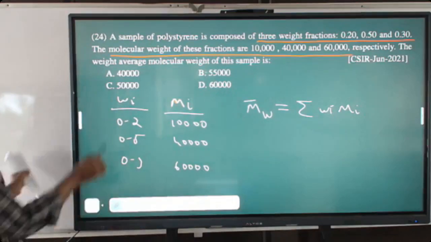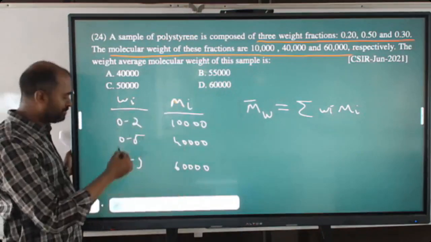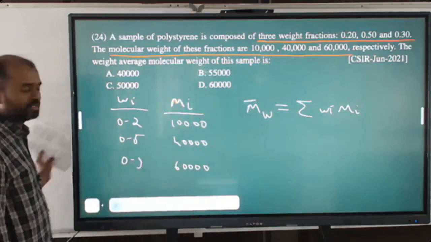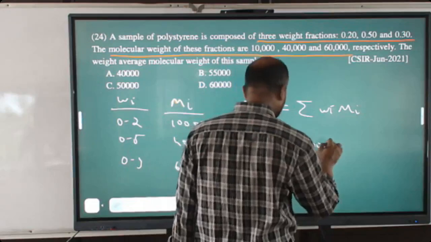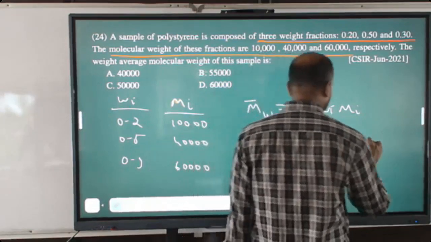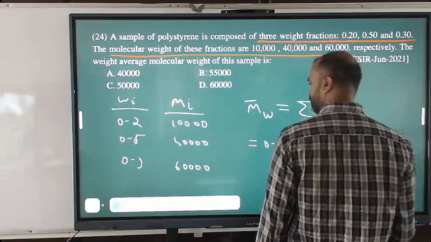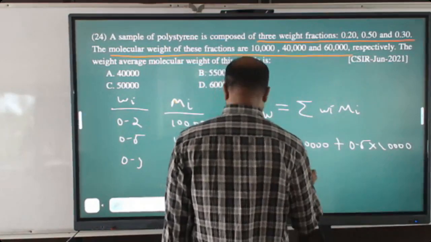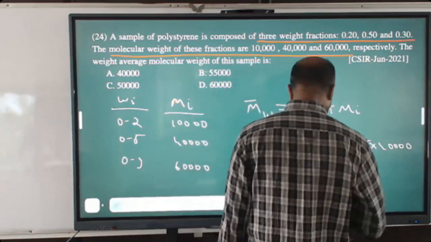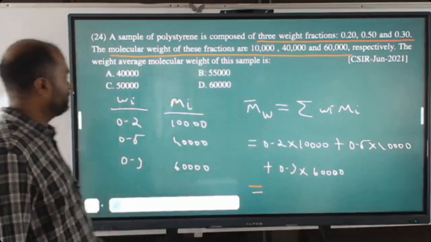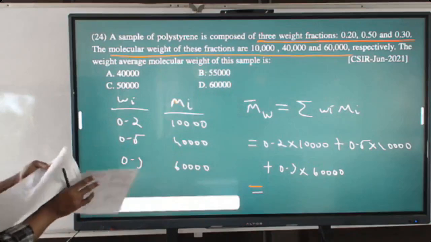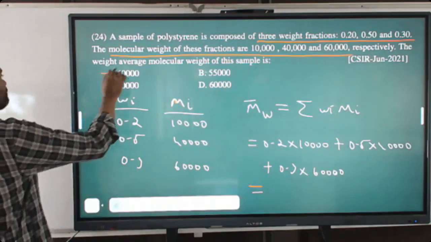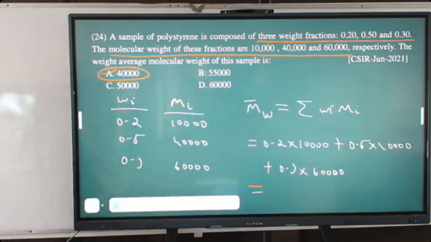So that is 0.2 into 10,000 plus 0.5 into 40,000 plus 0.3 into 60,000. Answer is option A, 40,000. Option A is the correct answer.